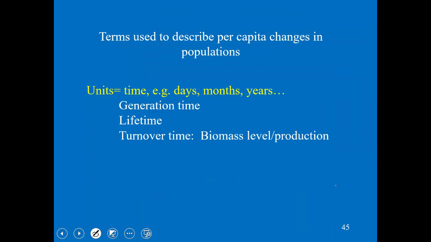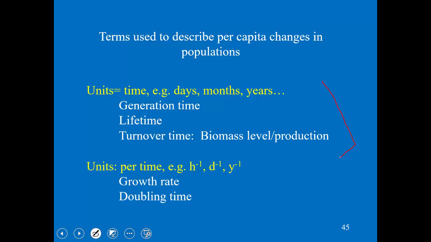Turnover time, generation time, these are all related. Generation time is much shorter. These organisms are not lasting as long. Phytoplankton for the most part live only a day, as opposed to as much as centuries for a tree on land. The inverse of that is another way of describing it: growth rate or doubling time.